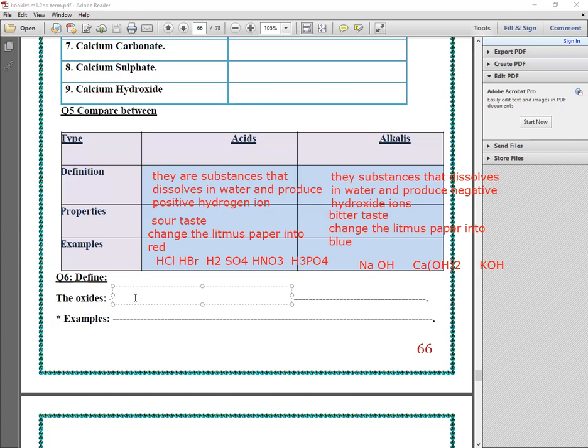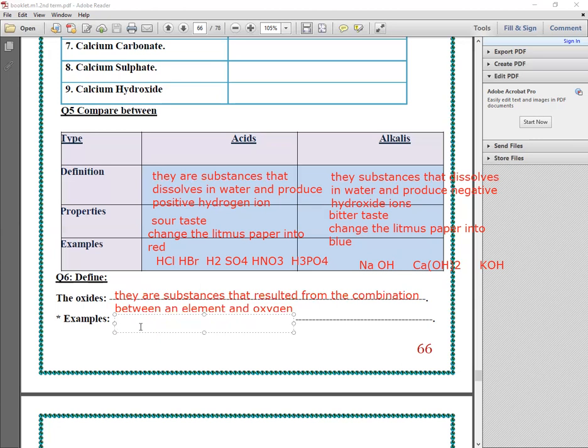They are substances that result from the combination between an element and oxygen, even though this element is metal or non-metal.